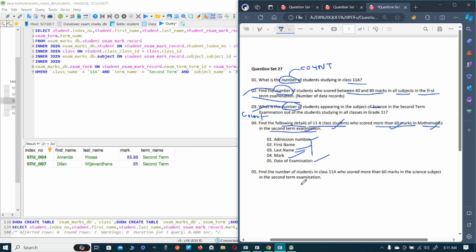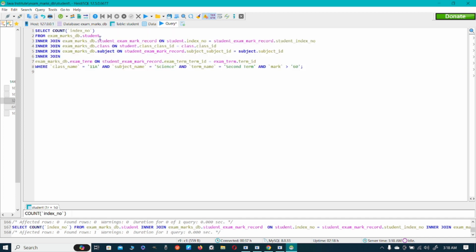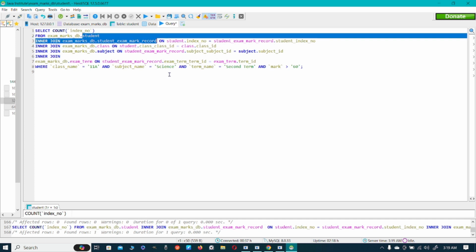It would be the fifth question. Find the number of students. Number means we have used the keyword count. Once again, count. Find the number of students in class 11A who scored more than 60 marks in science in the second term examination. So this will be our fifth query. We have counted the number of index numbers, and we have firstly joined the student table with the student exam mark record table. We have used the student table as they have mentioned the class name.